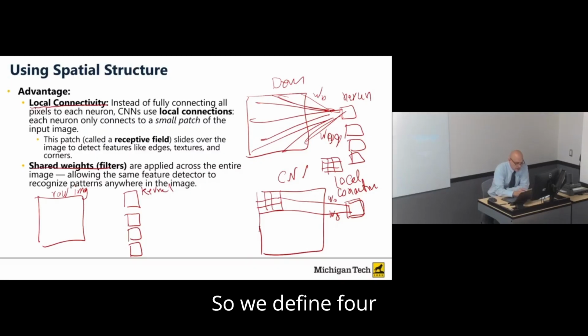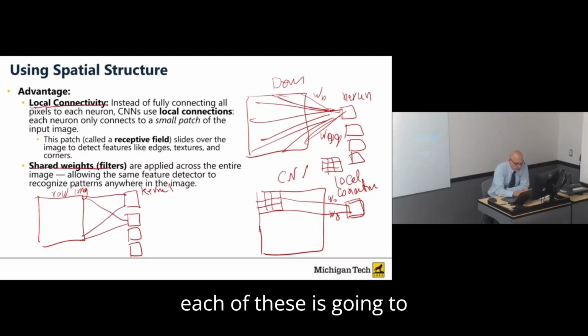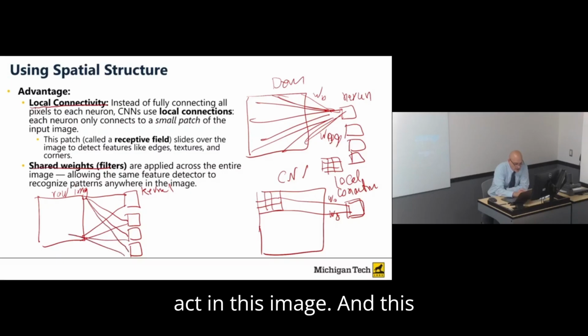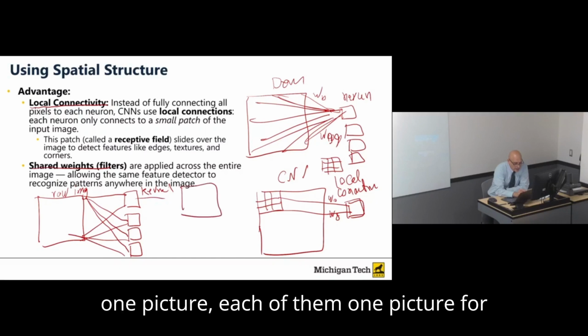So we define 4 kernels. Each of these acts on this image, and each kernel makes one picture for us.